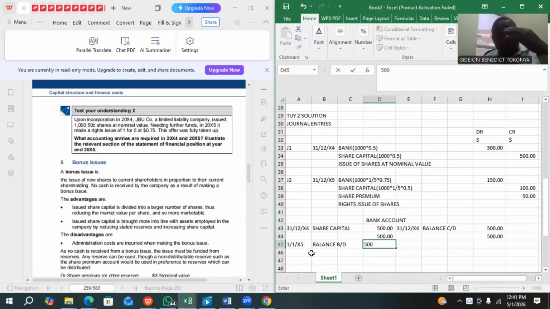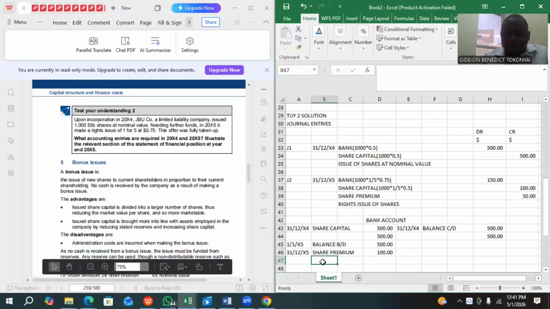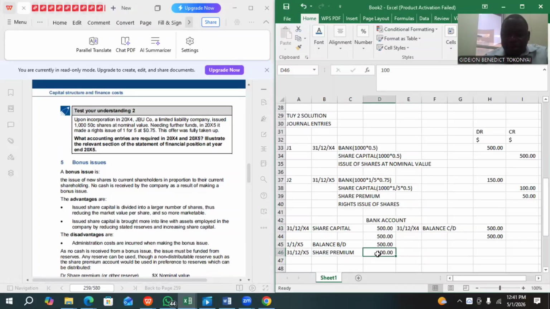Then we record the second journal for 20X5. We have debited the bank with the share capital and share premium on 31 December 20X5. The share premium amount is 50, and the share capital is 100. Then you close off the account.